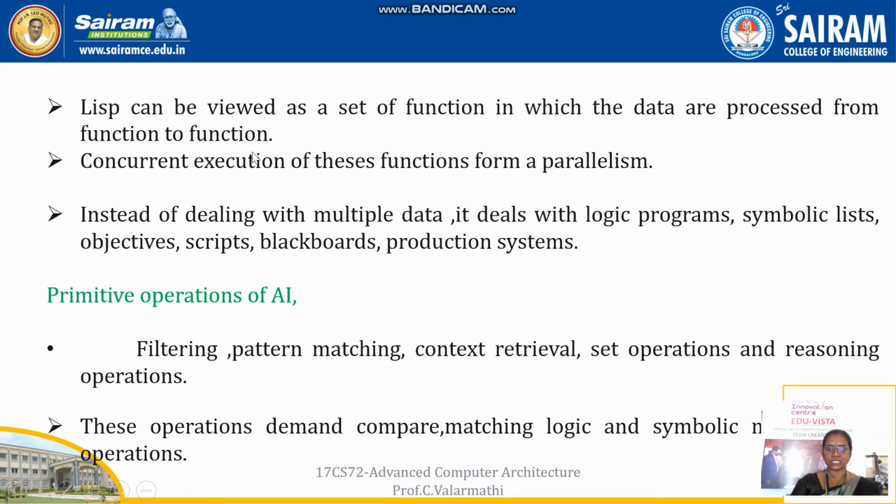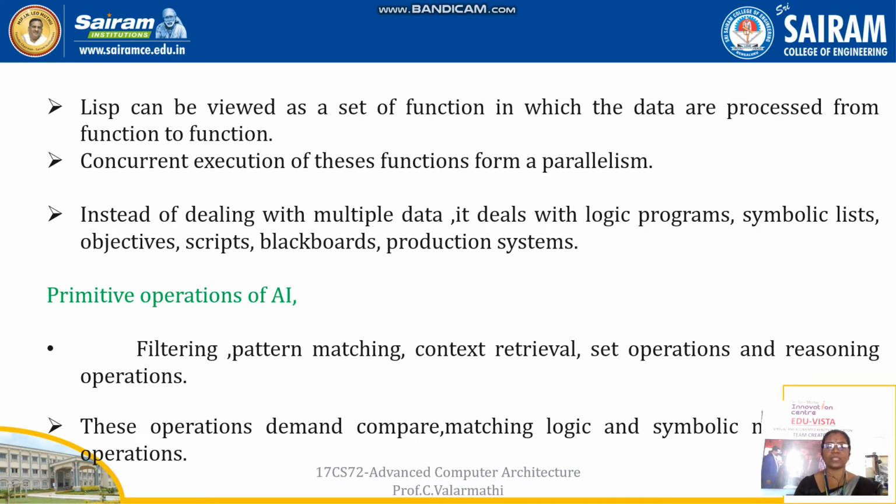Here the basic lowest unit is Lisp. Lisp is considered as a set of functions, in which data can be processed, transferred, moved and accessed from one function to another function. So the processing of data can be done within a function or from one function to another.